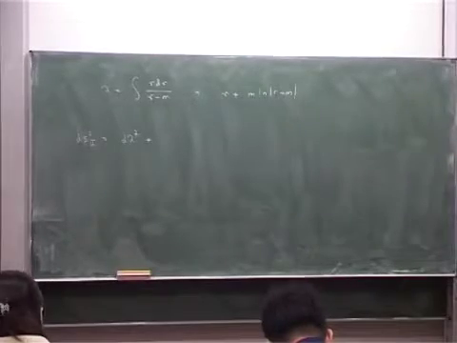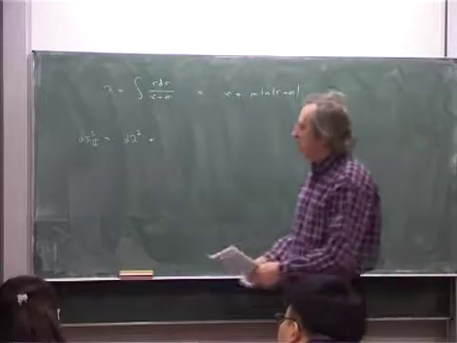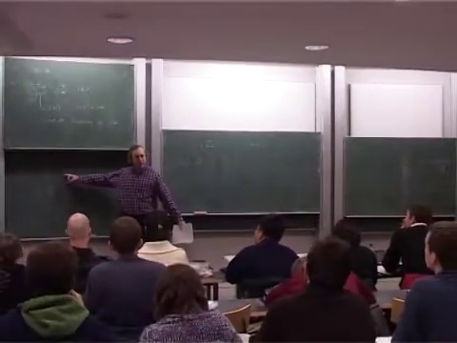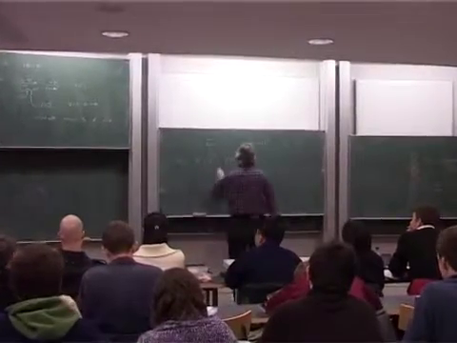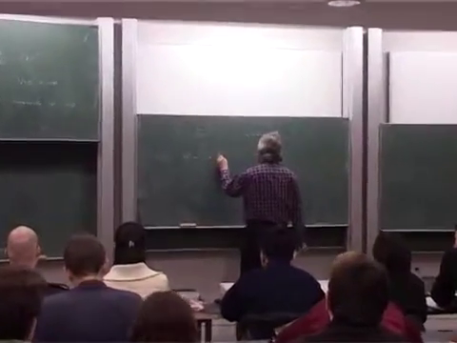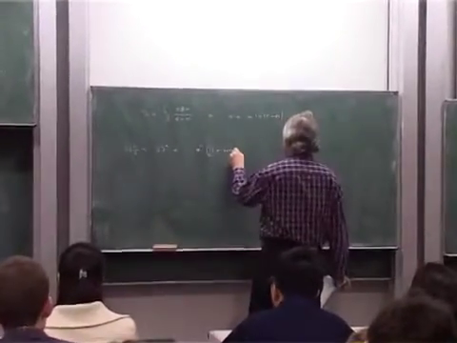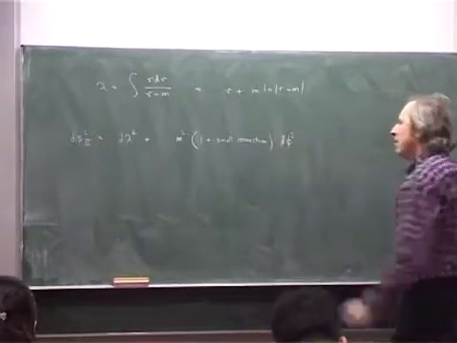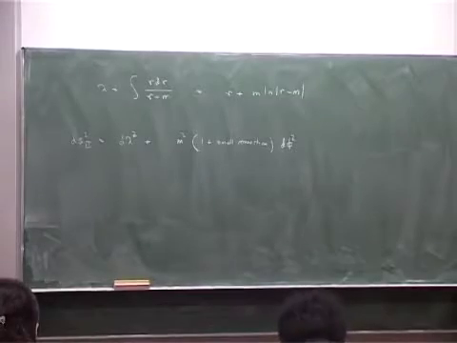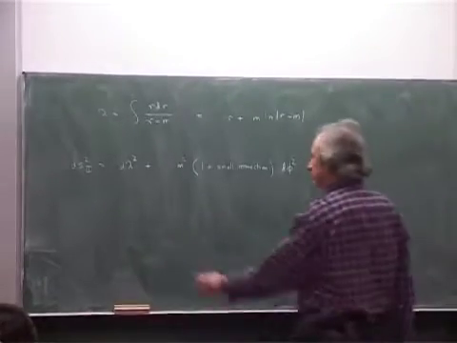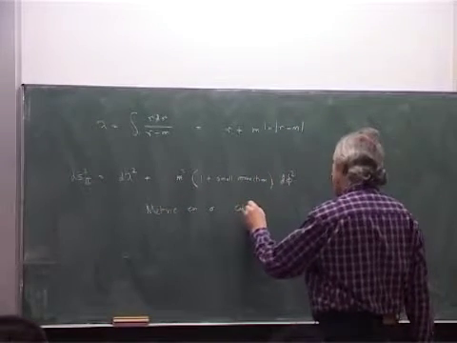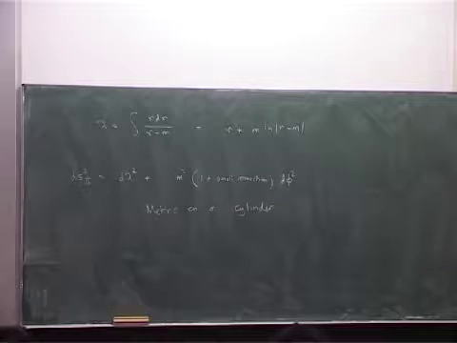Now, as r tends to m, this term here is just going to tend to m squared and is finite. So it's m squared times 1 plus small correction times d phi squared. That is the metric on a cylinder. So you can draw a picture of what this geometry looks like.